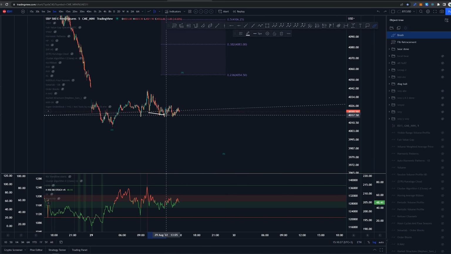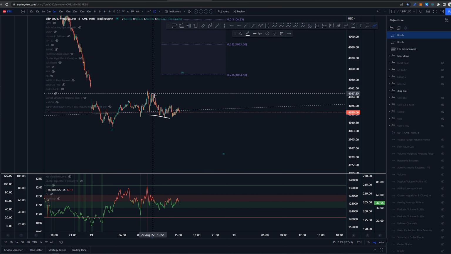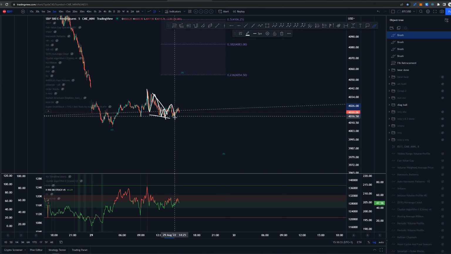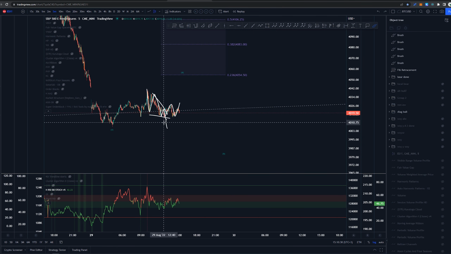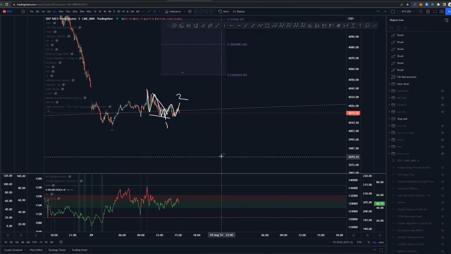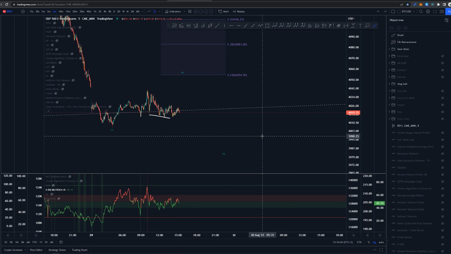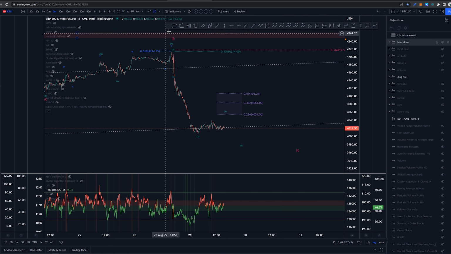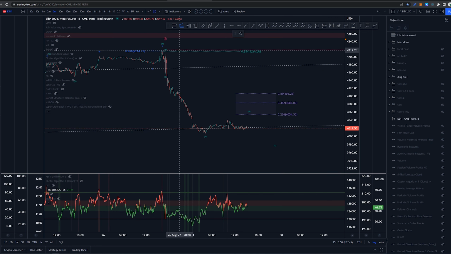All I could be seeing here is some kind of a diagonal here as a 1, 2, 3, 4 and 5. That looks pretty good, and then this could be some kind of 3-wave structure into wave 2 here. So we would have this as 1, 2, and then looking for downwards movement for this last fifth. Now with the current prices, we don't need to be expecting any kind of extension here on the fifth.